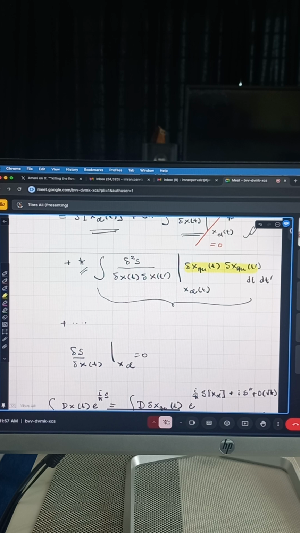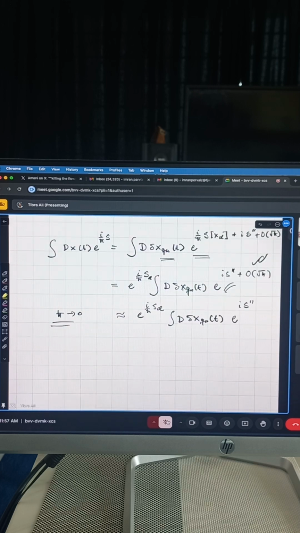And therefore, in the semi-classical limit, we can actually have an expression for the propagator, and it is approximately given by e to the power i over h bar S classical, and then the integral of d delta x_qu of t e^{i S double prime}. Okay, so this is the semi-classical limit, and this is something we can hope to compute.